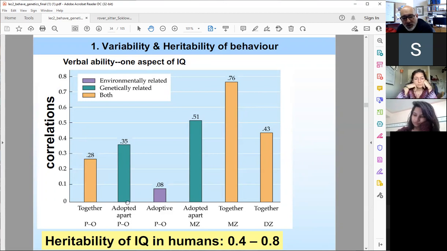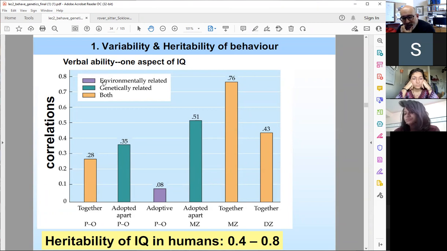This is parent offspring when the offspring are adopted apart. And these are adoptive parents, the parent offspring when the parents are adopted. That is, I should say, they are not genetically related. These are parents who have adopted kids. And this is the correlation for IQ, or I should say verbal ability.